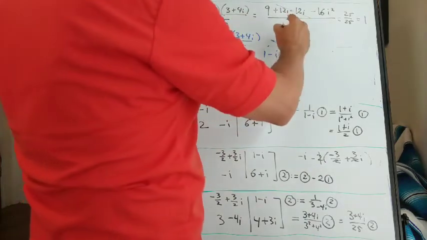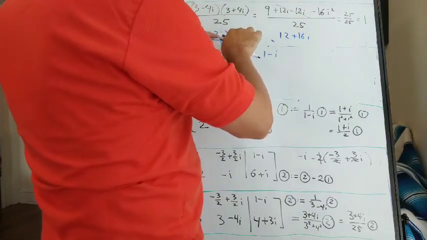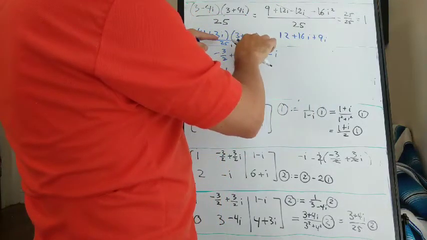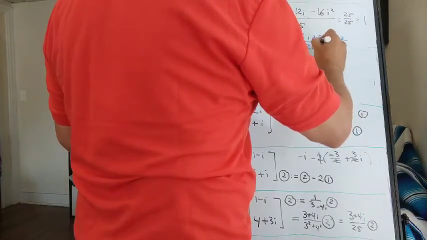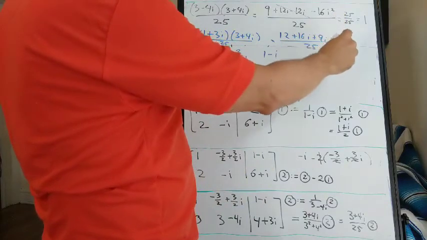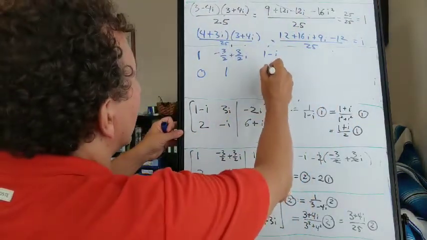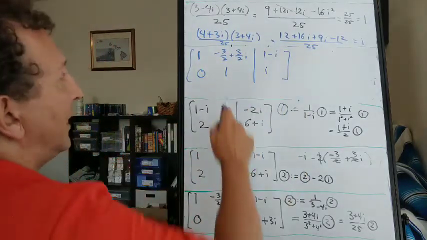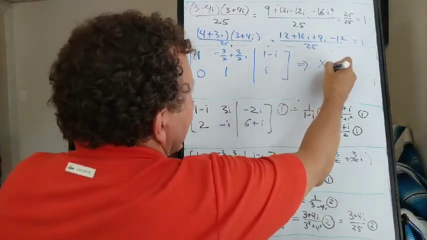So that's 12 plus 16i plus 9i plus 12i squared, which is minus 12, all over 25. 12 and minus 12 cancel, and we've got 16i plus 9i is 25i over 25, so that's just i. From the second equation we can see that x2 equals i.